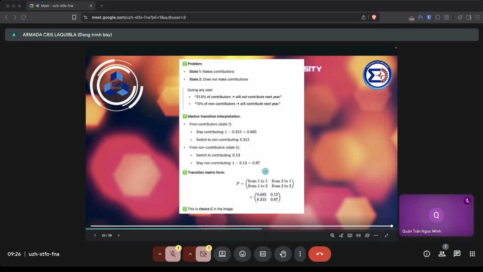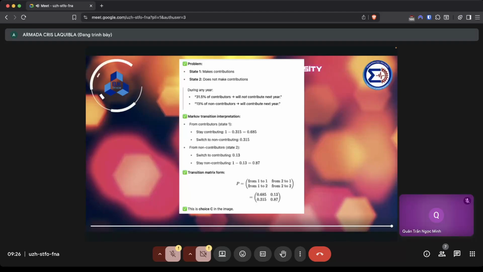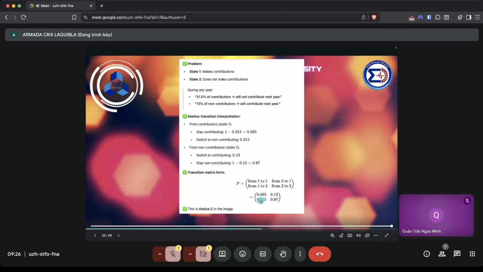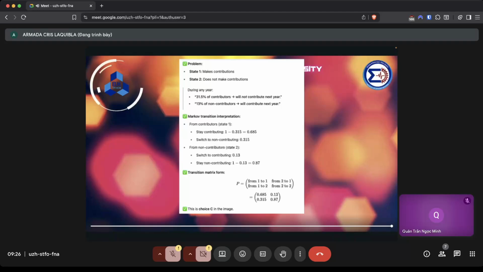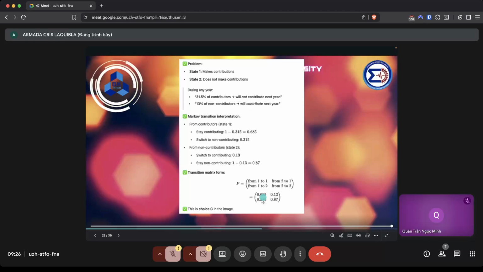It's not the same with the Leslie matrix, where the sum of the numbers in the columns will not be greater than 1. It's only equal to 1 here.